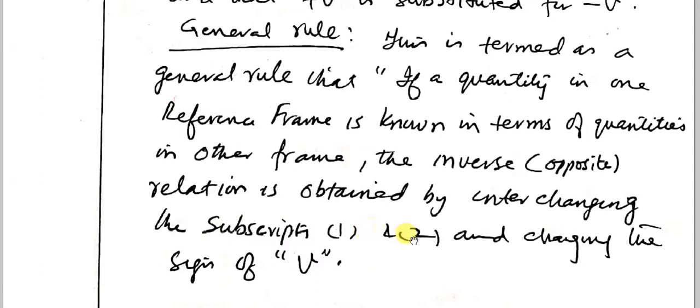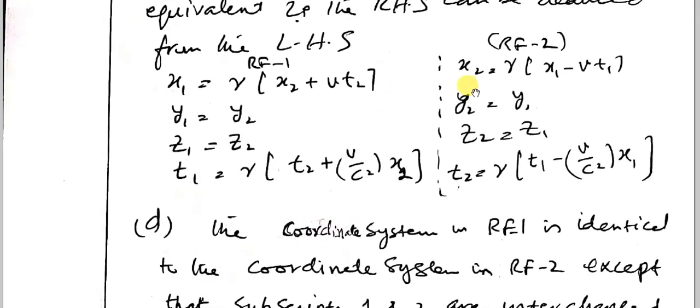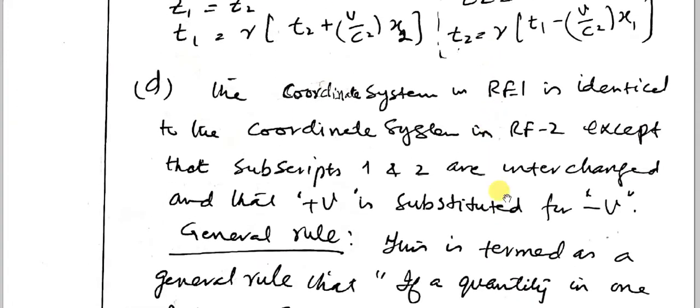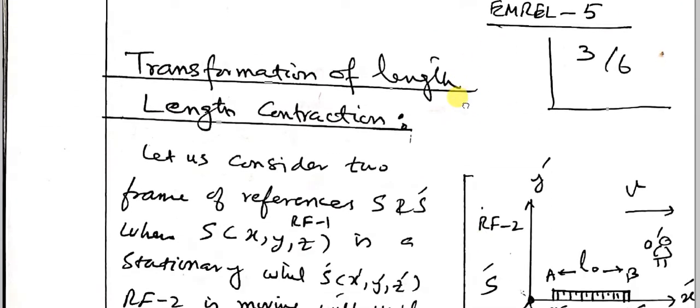If it is 1, we replace it with 2; if it is 2, we replace it with 1, and we change the sign of v. If it is positive, it becomes negative, and if it is negative, it becomes positive. So this is the general rule regarding the two reference frames. Now let's take the transformation of length.